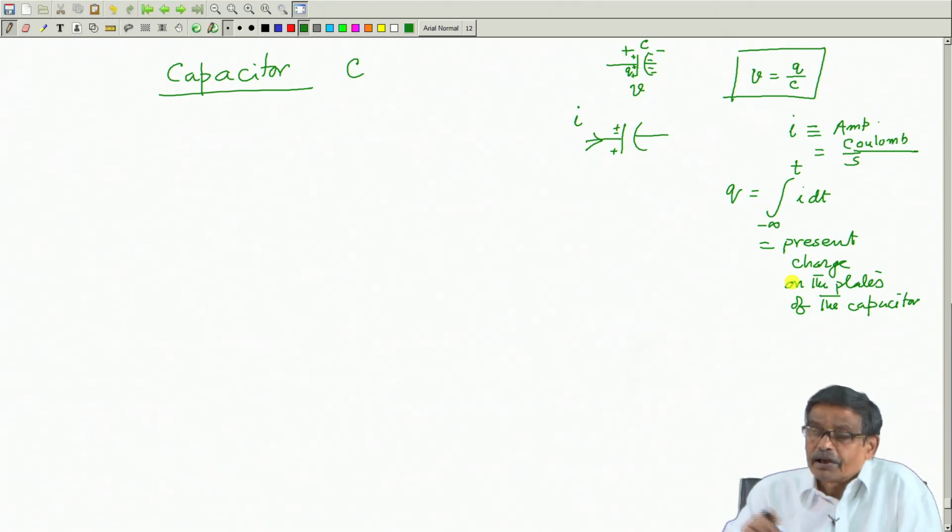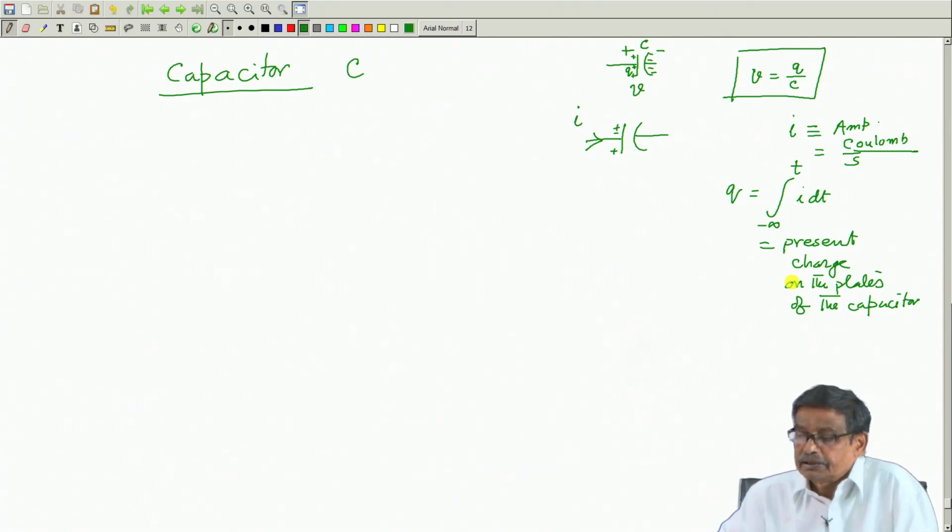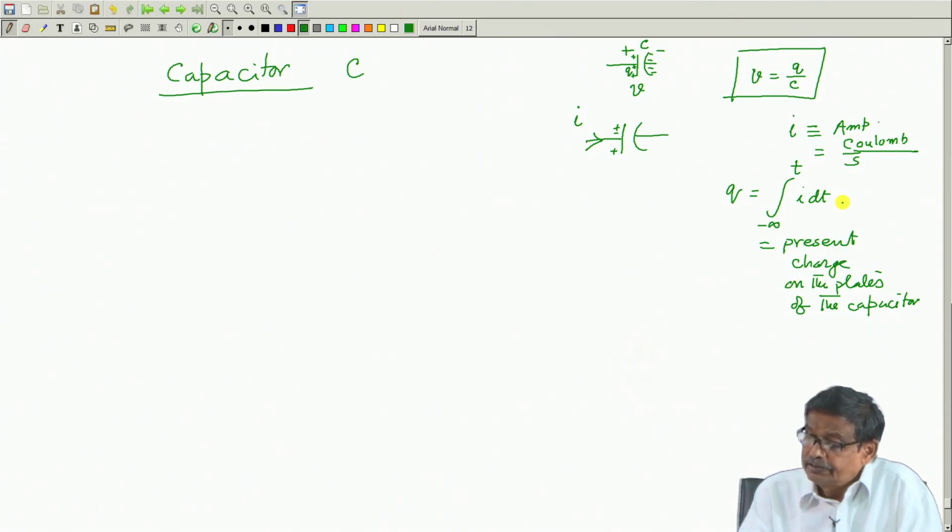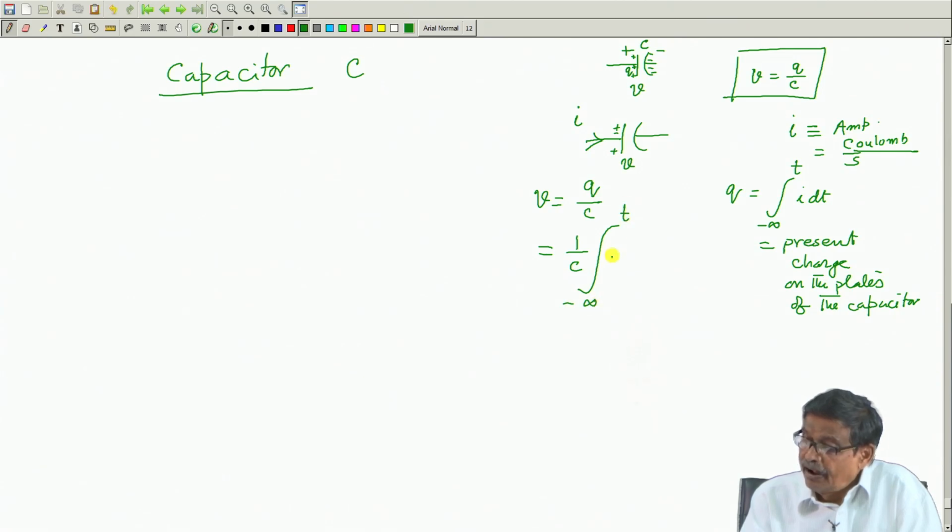You must feed some current to the plates of the capacitor, and therefore, once Q is obtained, then the voltage across the plate of the capacitor will be Q by C, and I will write it as 1 by C, minus infinity to t, I dt. This is the thing.